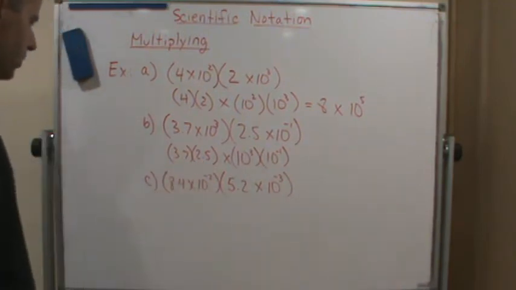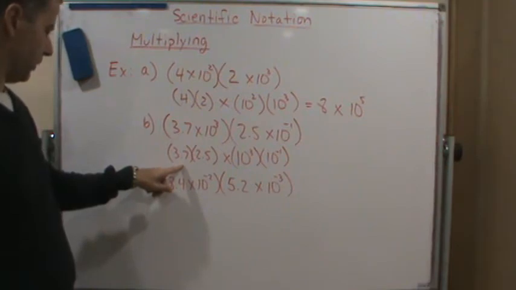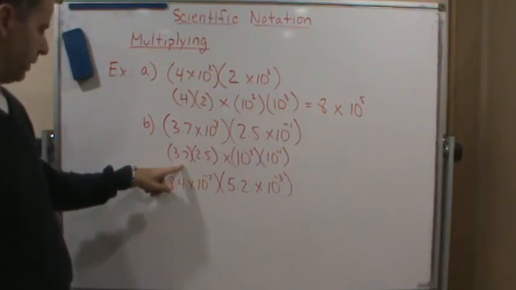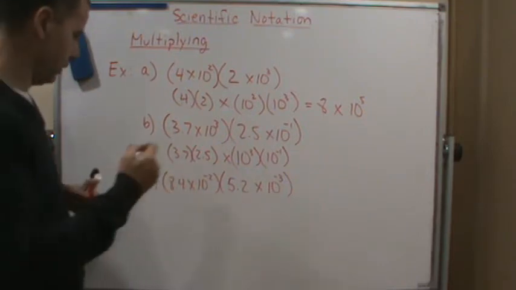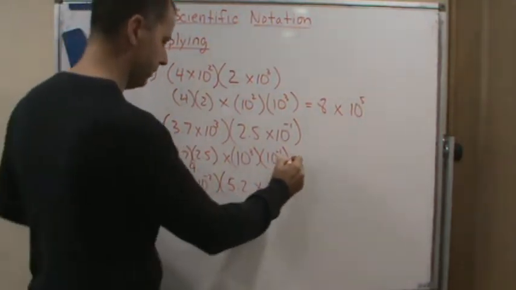So this is going to be, let's see, 3,700 divided by 2 is 1,850, 9,250. So this is going to be 9.25.